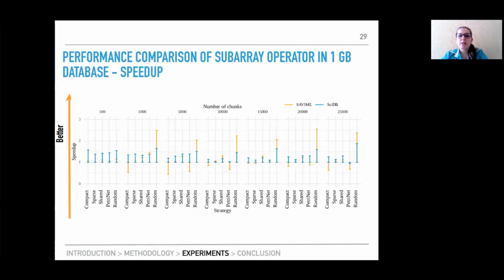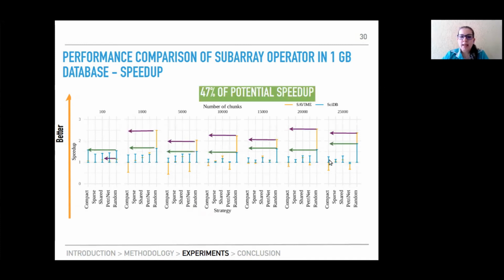Here are the results with 1 GB. In this experiment, we vary the number of chunks. The x-axis shows the strategies and the y-axis the speedup. Here we have the number of chunks in each experiment.